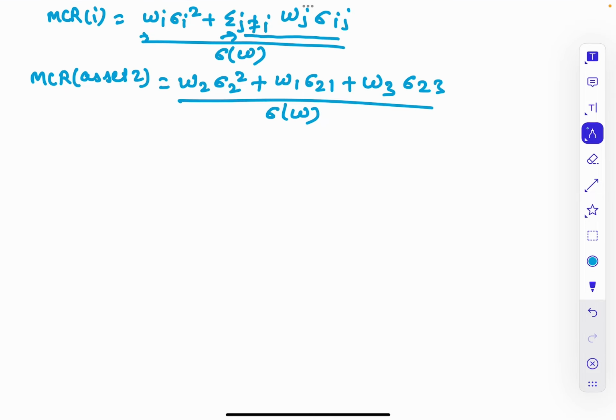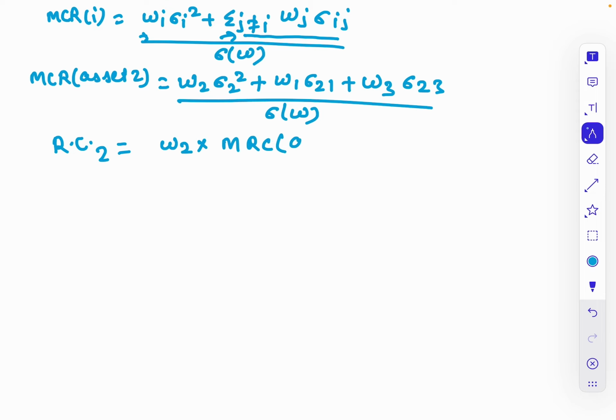Now if you have to find how much risk is contributed by asset 2 in the portfolio, you take the weight of asset 2 times the marginal risk contribution of asset 2, that is, w2 times MRC. Got it?